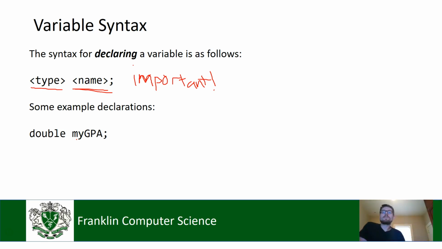Then you'd store your GPA into some variable, and it's a double because GPAs aren't exact. Usually they're some decimal number, 3.5, and so forth.